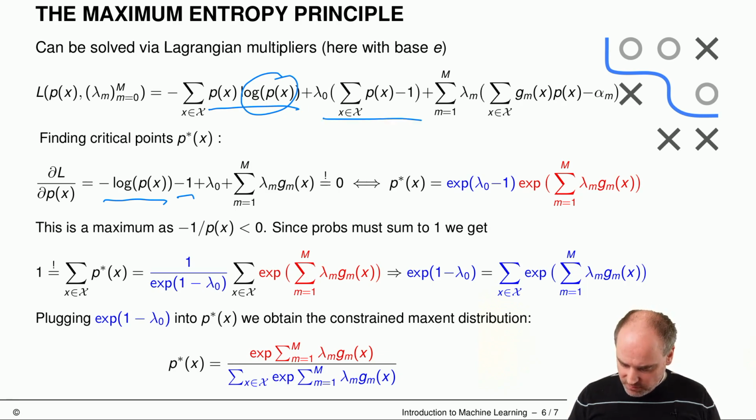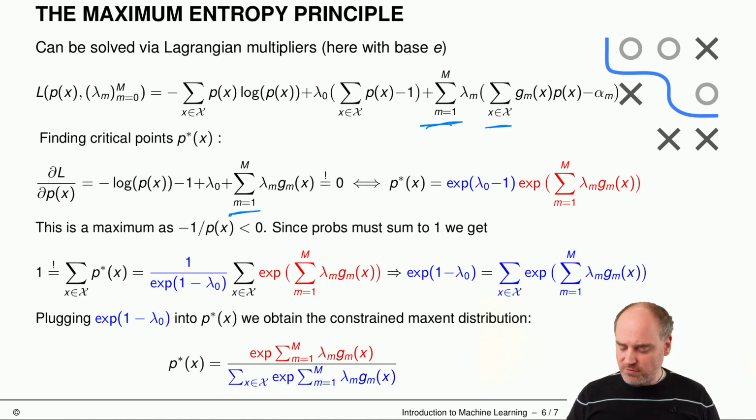Now let's take a look at this here. We have a sum over multiple p of x's. Take the partial derivative with respect to p of x. There's only the one term with respect to x left. This becomes a 1, and we multiply it with lambda 0. So we have now found this term here. Now there's only this sum left. The outer sum stays, but for the inner sum, again, everything vanishes except the term with respect to the x that we're taking the partial derivative with respect to.